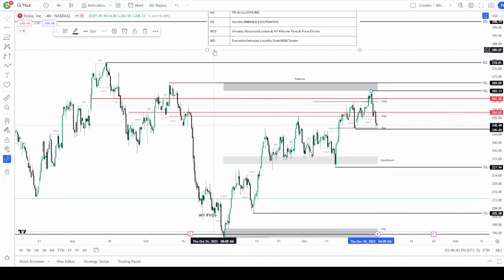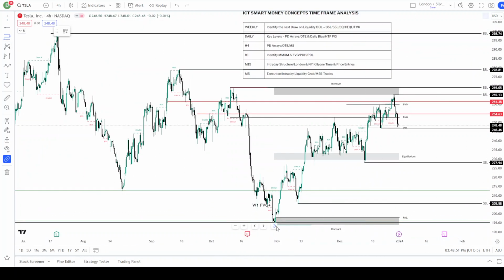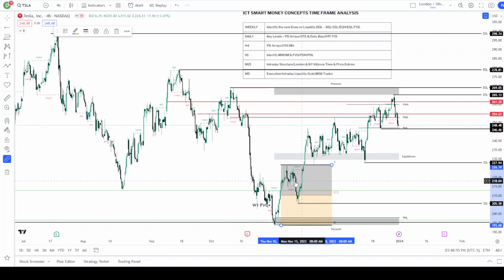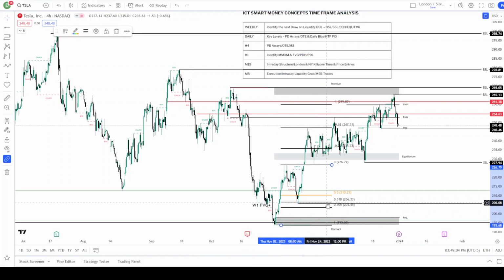To see if we break below, then we're also looking at optimal trade entry, and again, the most recent optimal trade entry was down here, and that's going to be from low to high. Okay, we came back down below equilibrium, down into discount, and if we look at our optimal trade entry, we can see we came down below the 61.8, but not quite to the 70.5, but that's the range we're looking to trade into.